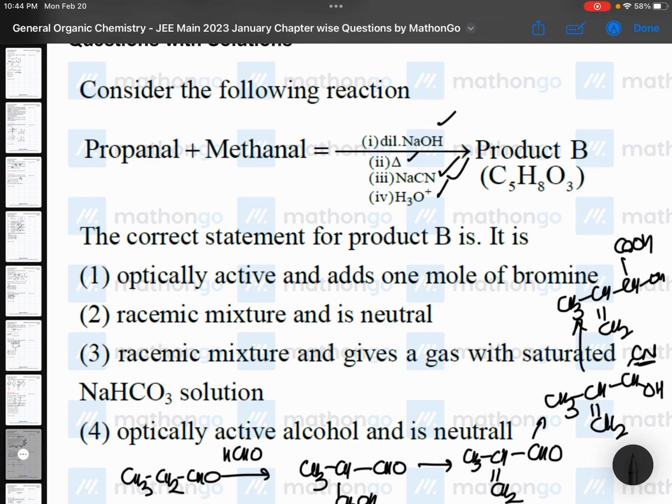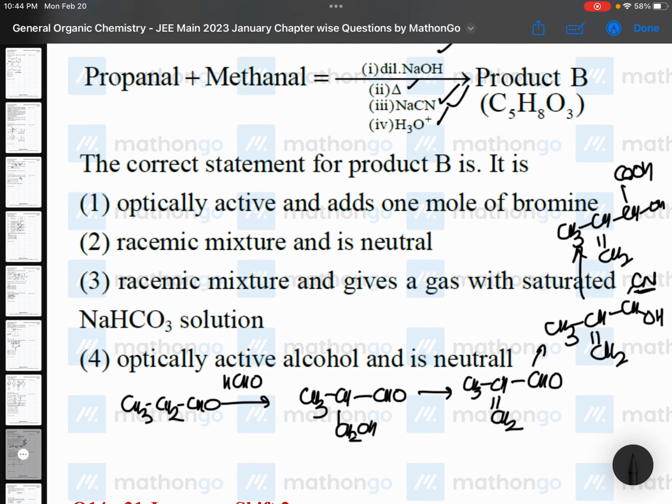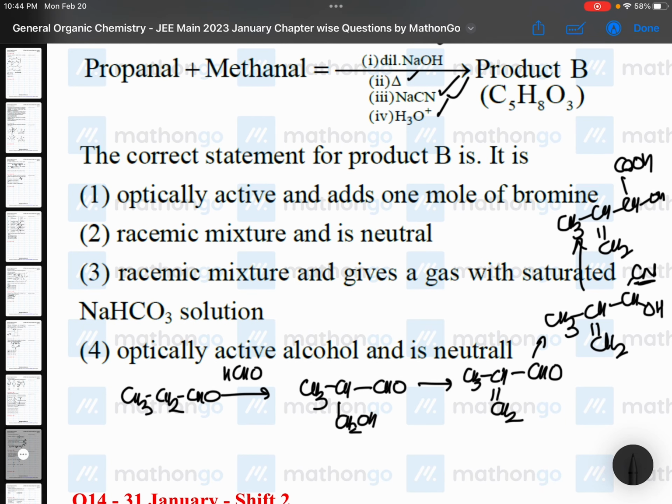What is being asked? The correct statement about the product B: it is optically active and adds 1 mole of bromine, or racemic mixture and is neutral, or racemic mixture and gives a gas with saturated NaHCO3, or optically active alcohol and is neutral.